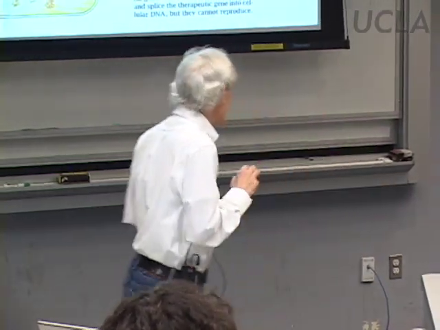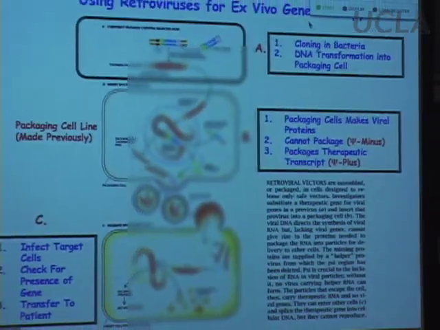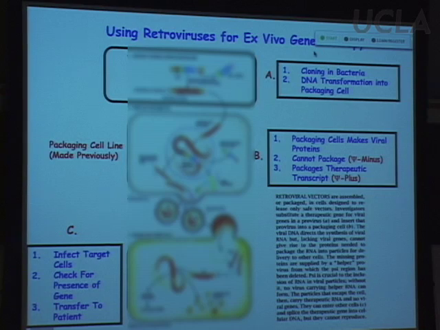And because it has the psi sequence, it grabs the viral proteins, makes a capsid, it's released from the helper cell line, and there it is, and you now have a therapeutic vector. It's a virus, but the RNA of that virus is a retrovirus genome, but it doesn't have any cancer, or it doesn't have any retrovirus genes. It has the ADA gene in it.